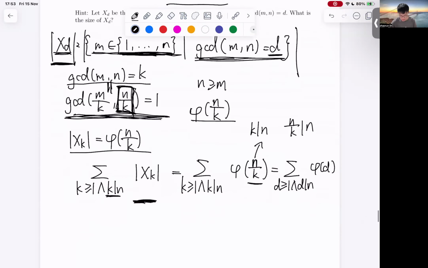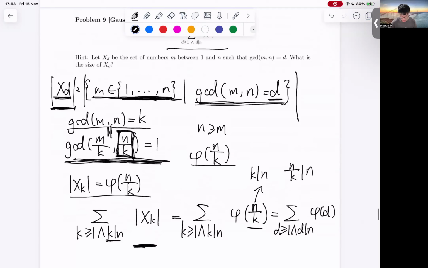Because this x_k is just the set of numbers between 1 and n such that the greatest common divisor with n is equal to k.